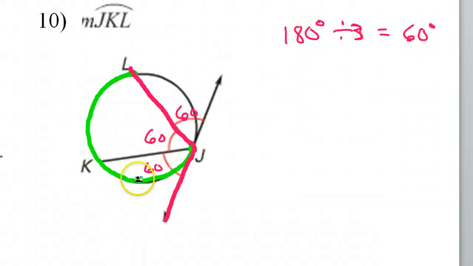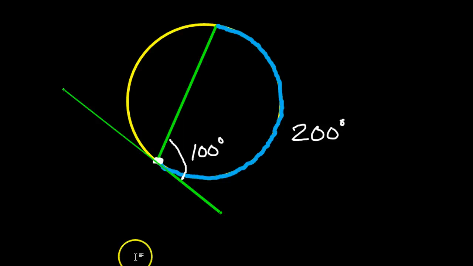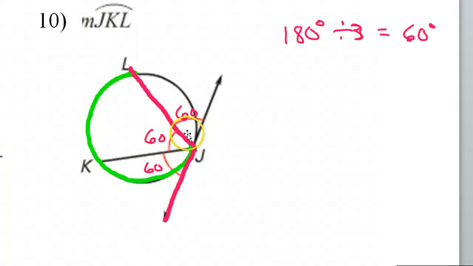Remember this. Remember that the arc is double the angle when it's inscribed like this. So the arc will be double the angle. Well, look at the angle. This fuchsia angle right here is 60 plus 60. So that is a total of 120 degrees.